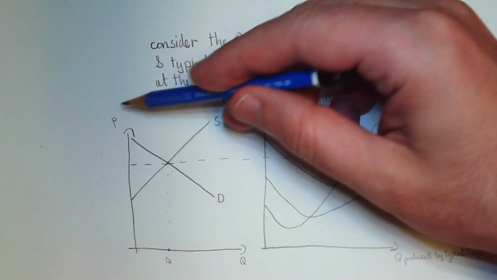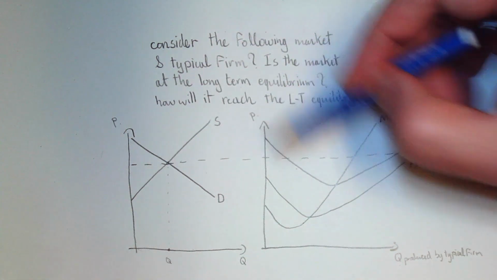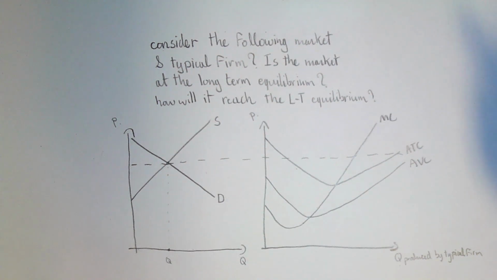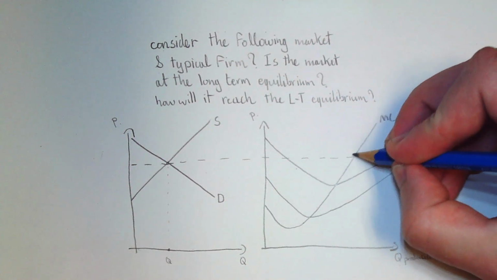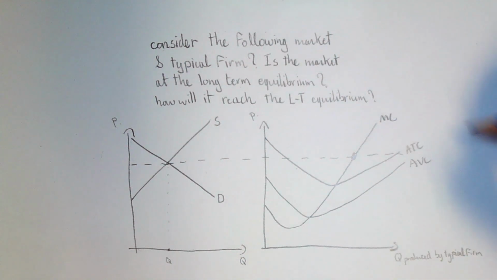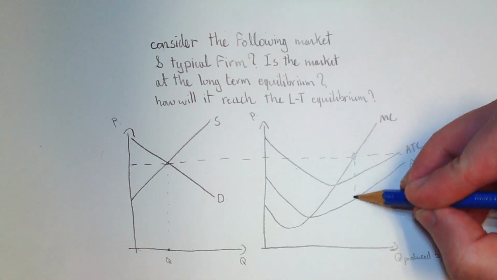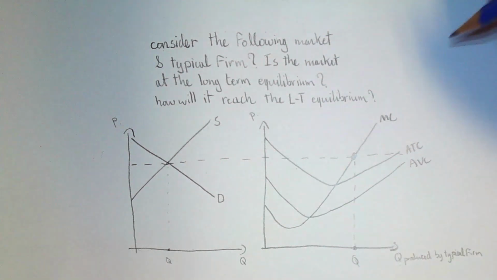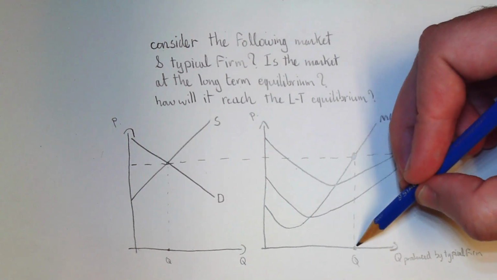I can go across because price is here and price is here, and I know that the firms would produce the quantity where the price is equal to the MC. So the firm wants to produce this quantity here.